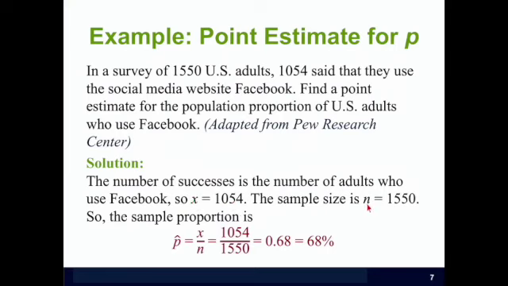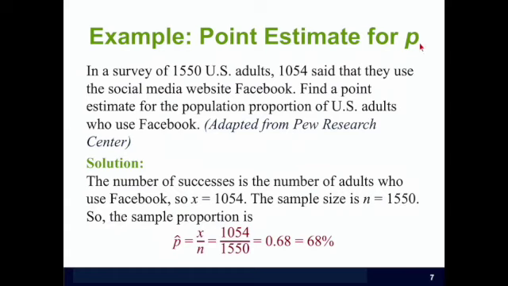The sample size is 1,550. So the sample proportion is the quotient of these two values, which is 68%. Finding the point estimate for P just follows this formula: the number of successes in your sample divided by the sample size.